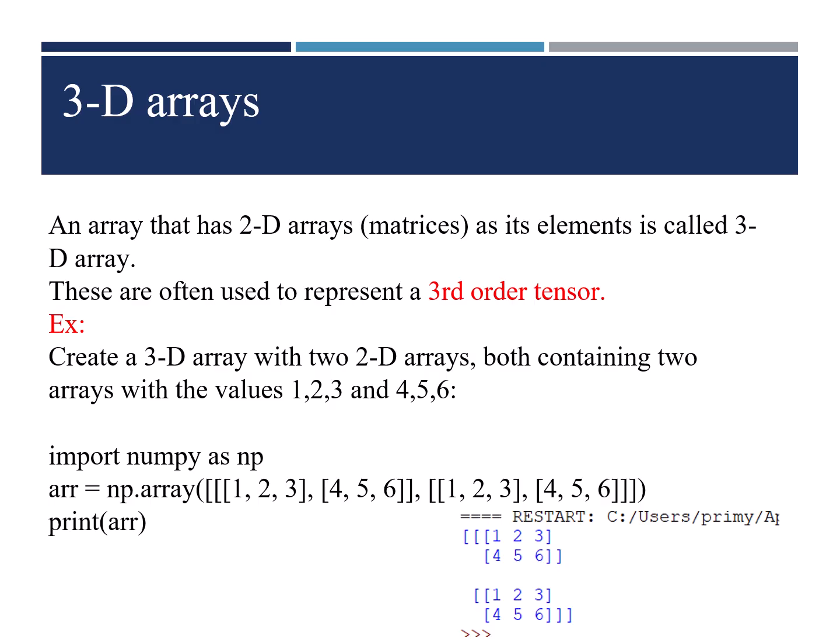Now when we try to print the array, the output we get is 1, 2, 3, 4, 5, 6, 1, 2, 3, and 4, 5, 6. Now when you take a look at this particular output, it is just two-dimensional arrays.